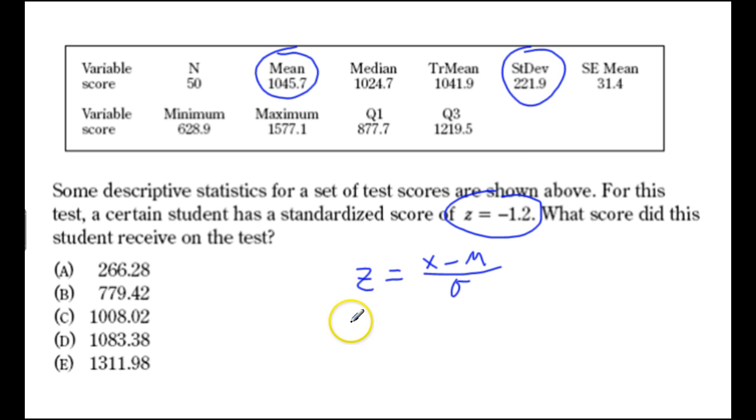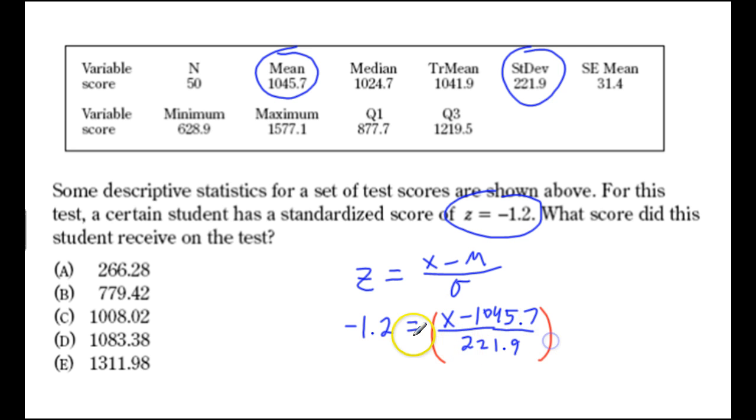So Z is negative 1.2. And X, well, we don't know X, but we know the mean is 1045.7, and the standard deviation is 221.9. So then it's just a matter of solving this algebraic equation, and most of you can probably solve that.